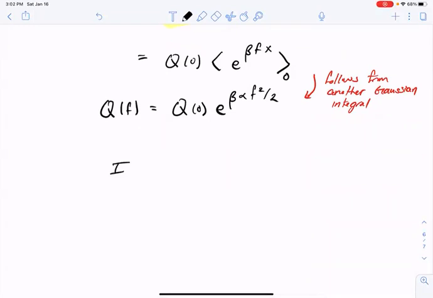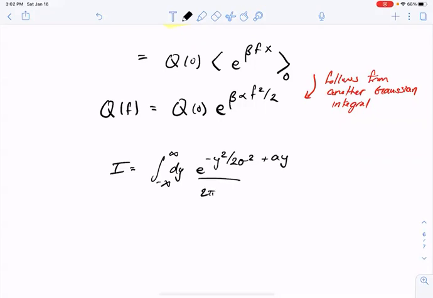If I have the integral I as an integral over all space, some fluctuating variable y with measure e to the minus y squared over 2 sigma squared, and I am averaging a linear function of y, in this case with some coefficient a, in this distribution that is normalized, I can complete the square in the argument of the exponential, and thus have a new Gaussian integral with a shifted mean, allowing me to evaluate that integral in a simple way, always leading to this answer.